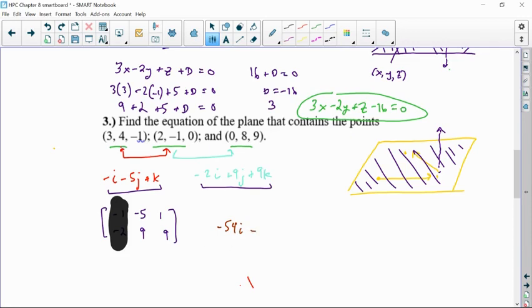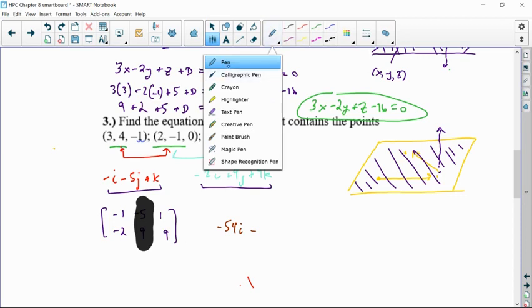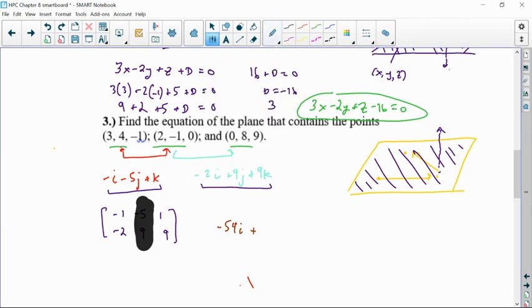Minus, remember, it's always the opposite. Oops, sorry, so cover this one up. Then we have -1 times 9 is -9 minus -2. So -9 minus -2 is really -9 plus 2, so it's -7. Remember, it's already opposite, so then we make it +7. That's in the j direction.